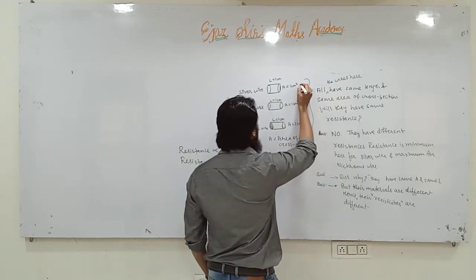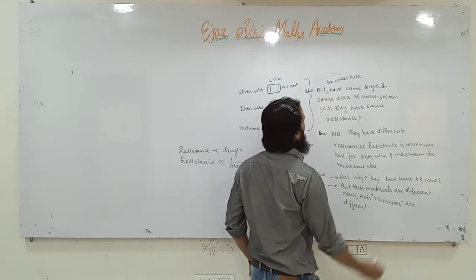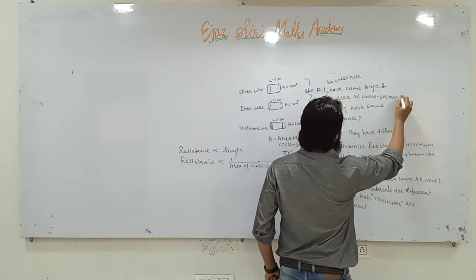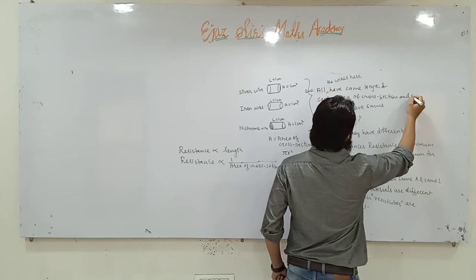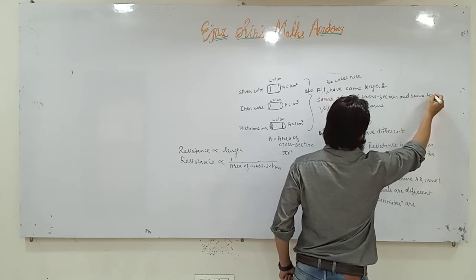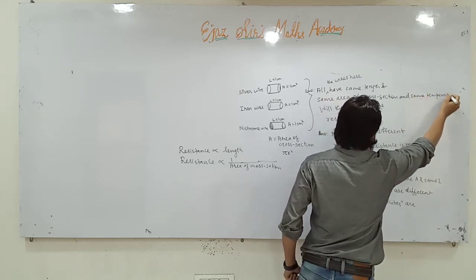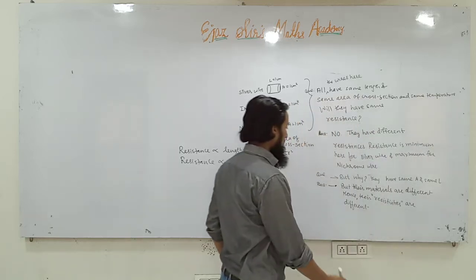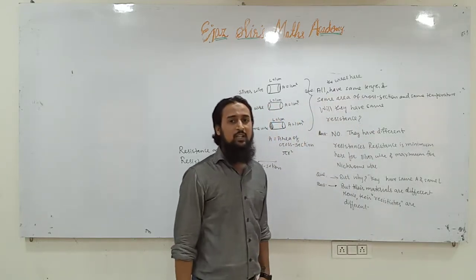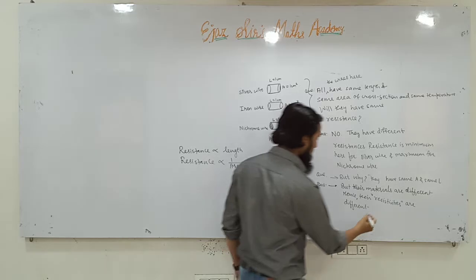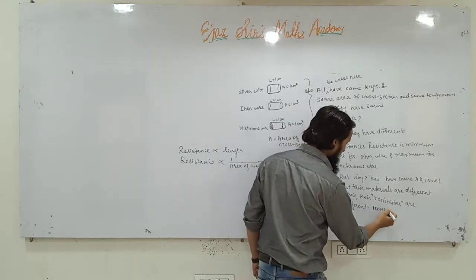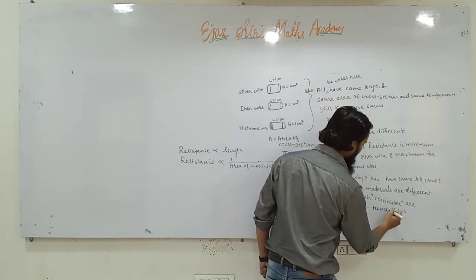And let us suppose they have all same temperature. The wires have same length, same area of cross section and same temperature. So hence their resistivities are different, and since their resistivities are different, hence their resistances will be different.